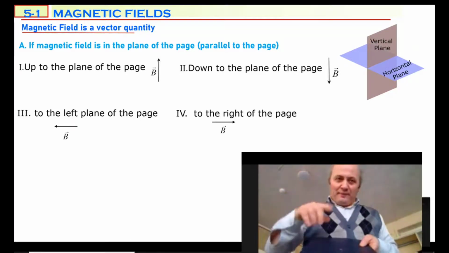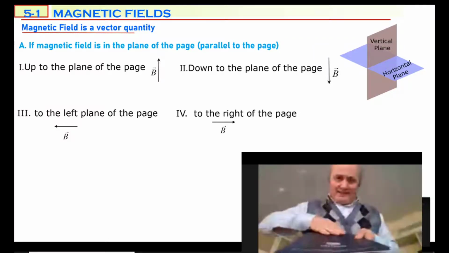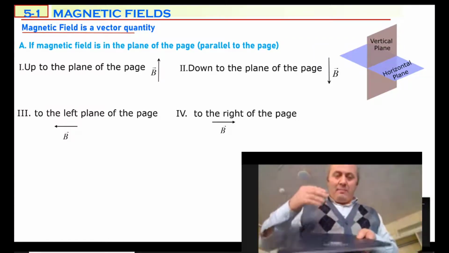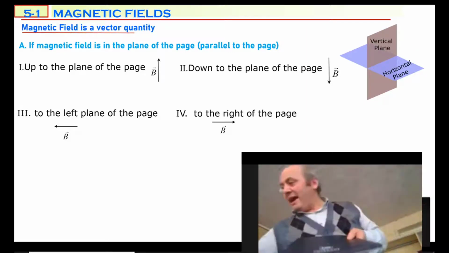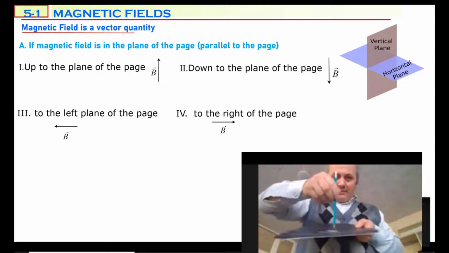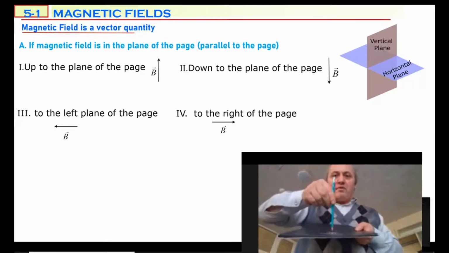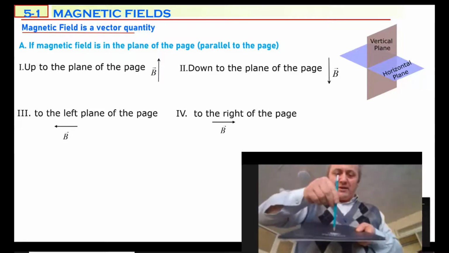Okay, this is the first one. If the magnetic field lines are in the plane of the page like this, what if the magnetic field is coming like that, like my pen? This pen is now perpendicular to the plane of the page.